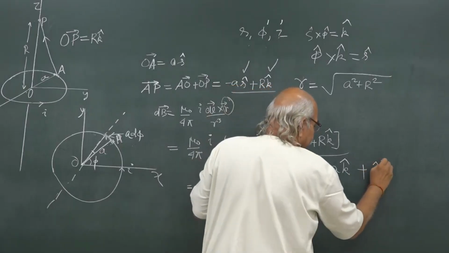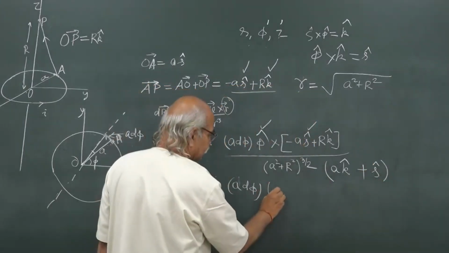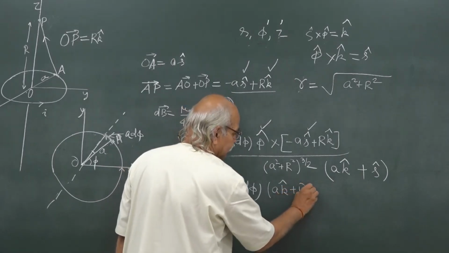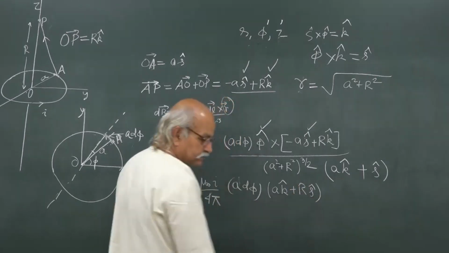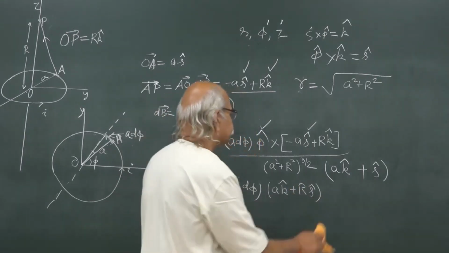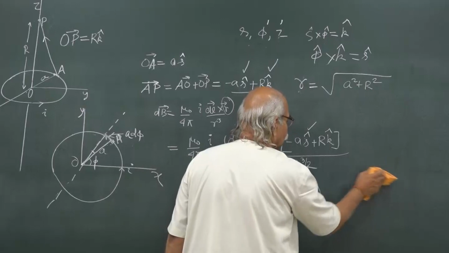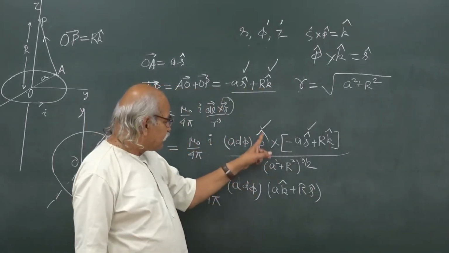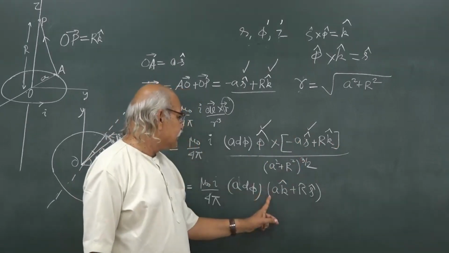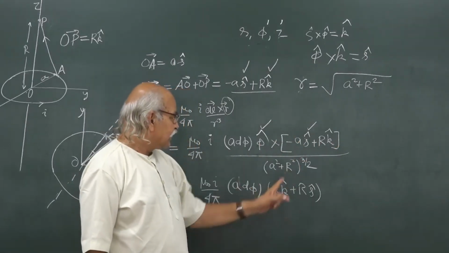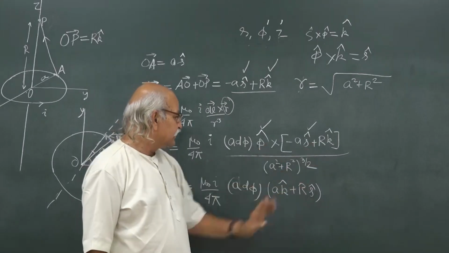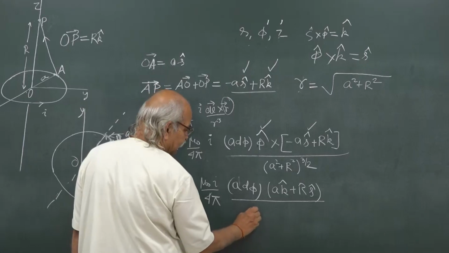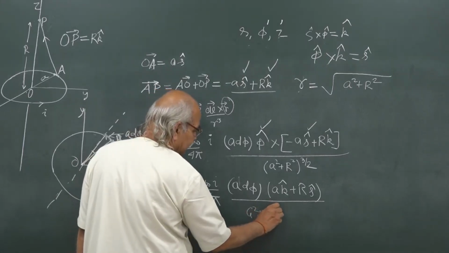So we are writing this A d phi, phi cap cross this vector, and we get A k cap plus R s cap, divided by A squared plus R squared to the power 3 by 2.